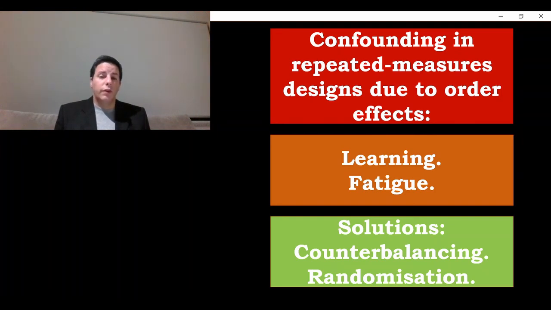It's avoiding confounding learning and fatigue with the independent variable. So by doing this, we don't eliminate the effect of learning and fatigue on the dependent variable. That may still happen, but the difference between the two groups will not be explained by learning or fatigue.